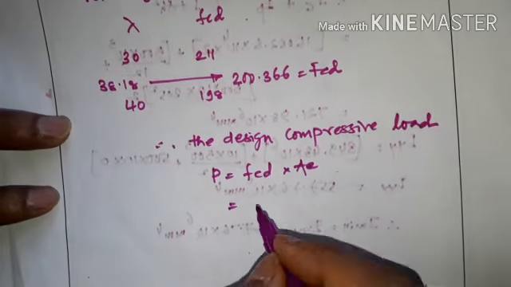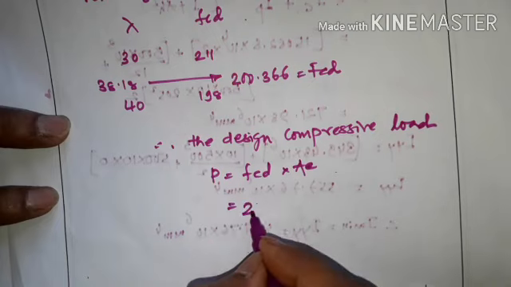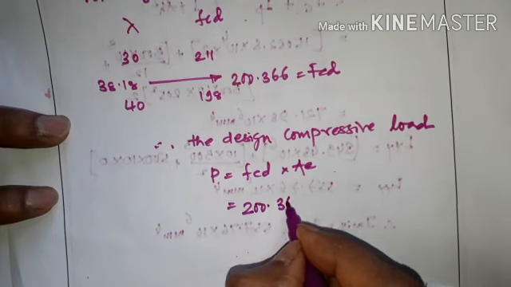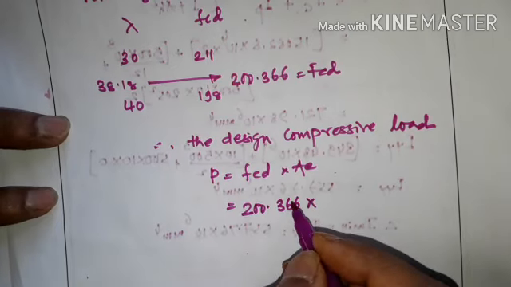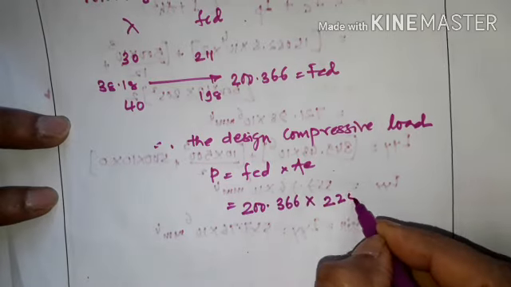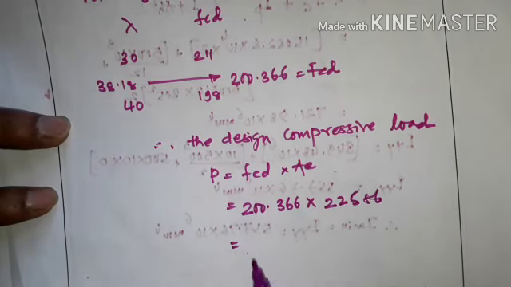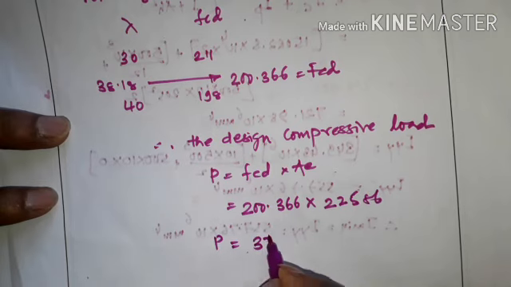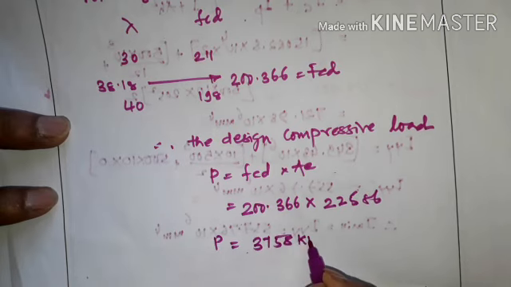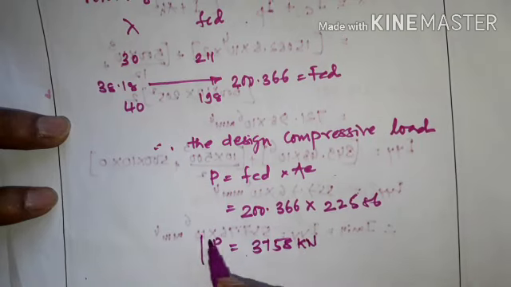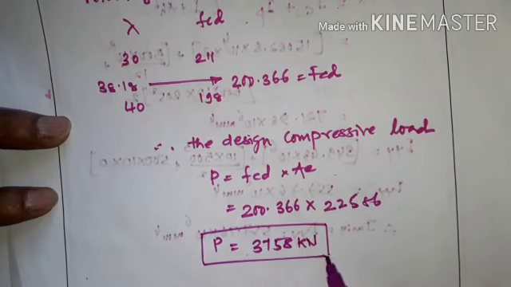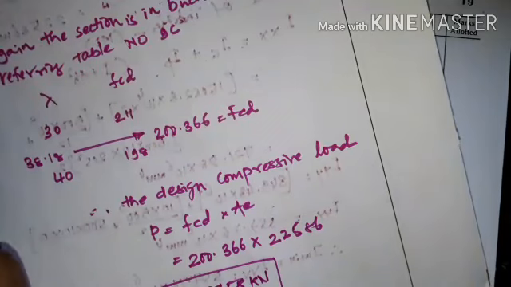So FCD is 200.366 into area 22586. We got this as 3758 kilonewton. Okay, so we got P is equal to 3758 kilonewton. So with cover plate we got the load as 3758.